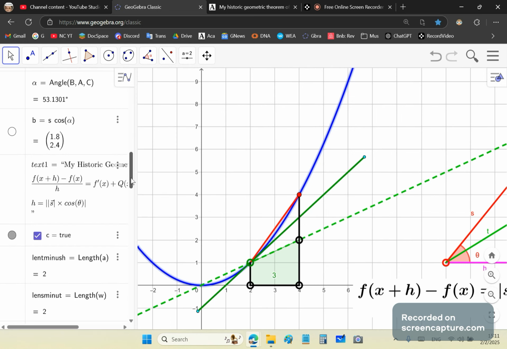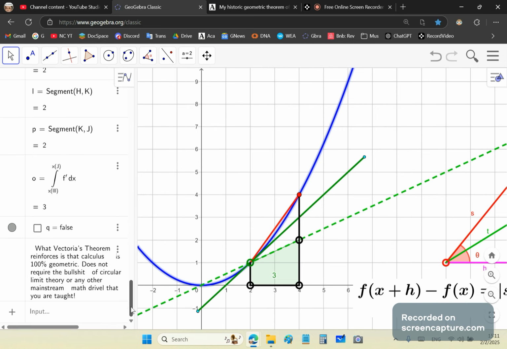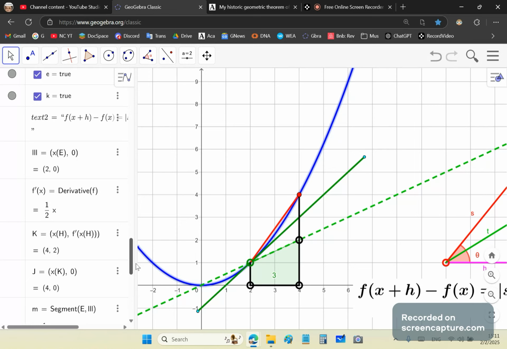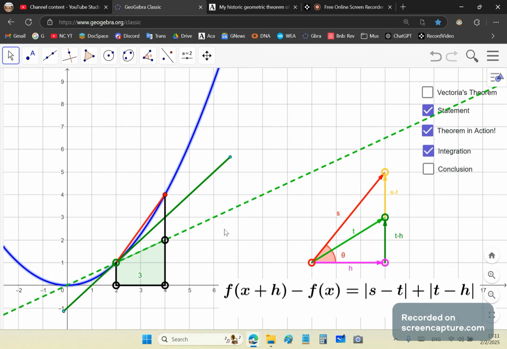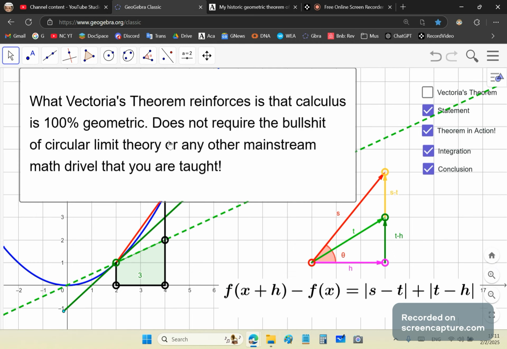Oh, where is it? My eyes are not that good. It happens to be quarter x squared. Okay. So this curve here is quarter x squared. This is the derivative. And this is the area. So Vectoria's theorem deals with both, right? And what's the conclusion? So the conclusion is that calculus is 100% geometric.